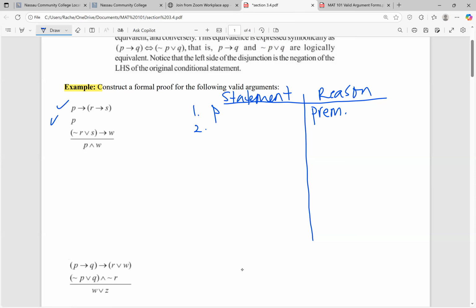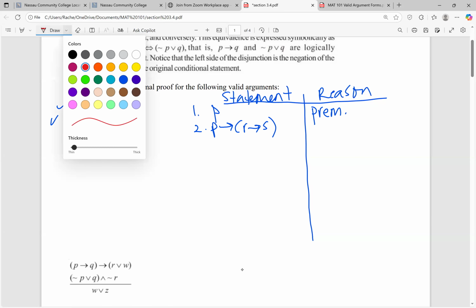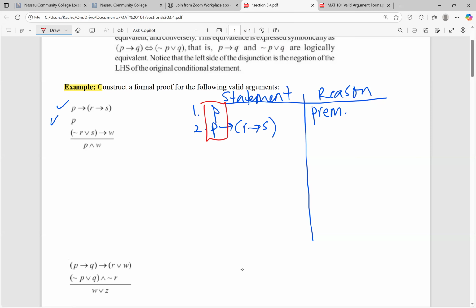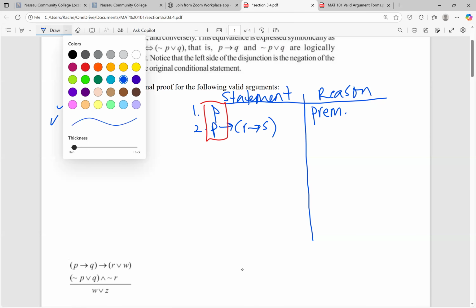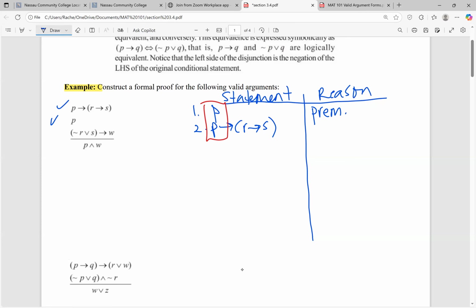Then I'm going to list my second statement as that first premise, P implies R implies S. So you have a conditional statement within a conditional statement. But I see, and I'll highlight that in red, the left-hand side of this conditional is the same as the statement above it.